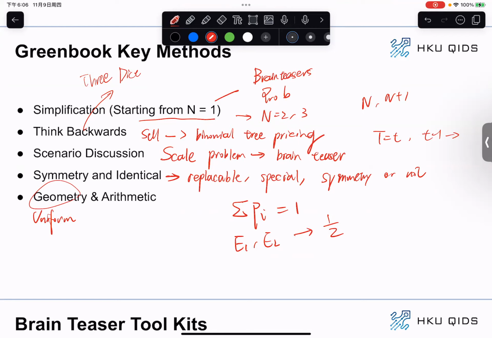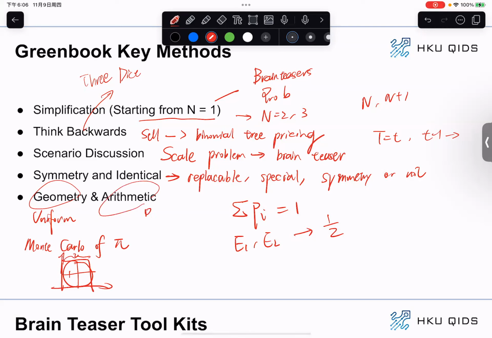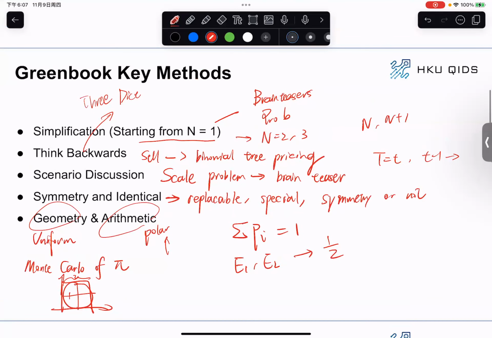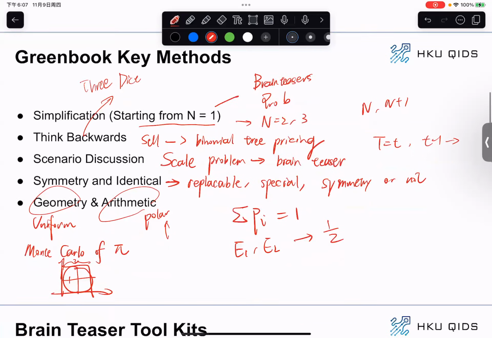For example, for the Monte Carlo simulation of pi, it's just about forming a unit circle within a square, right? And if we are talking about, for example, polar coordinates, from the normal Euclidean intersections. So that's basically the 5 general key methods you should think about.